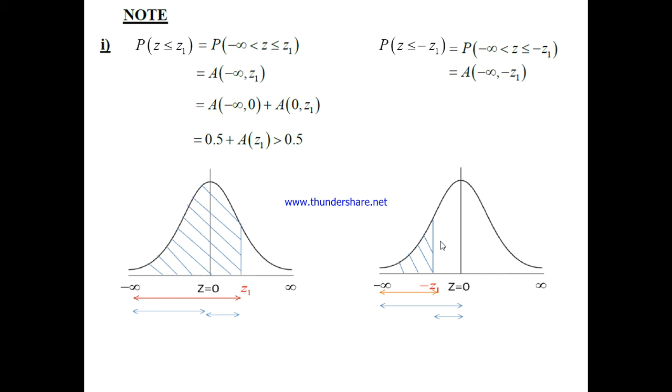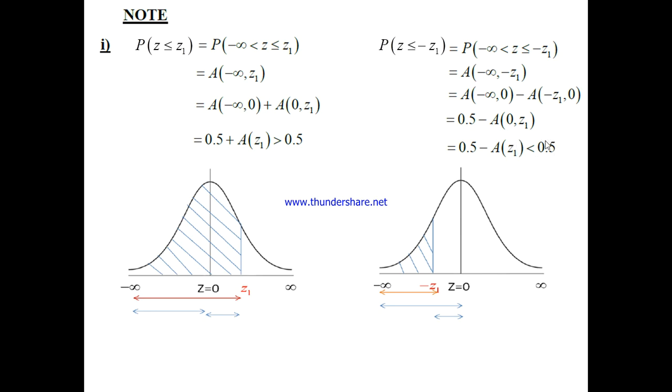From that, next we have to subtract the area bounded by minus z1 to 0. And we know that the area bounded by minus infinity to 0 is 0.5. And from this 0.5, we are subtracting the area bounded by 0 to z1, which is a positive value. So, when it is 0.5 minus a positive value, obviously we'll get a value which is less than 0.5.